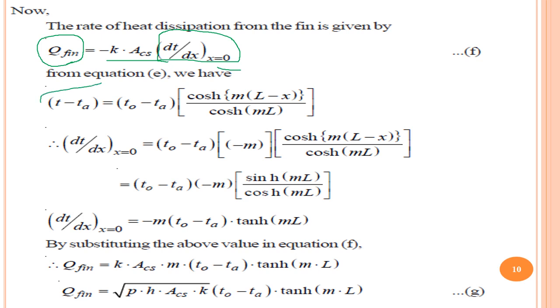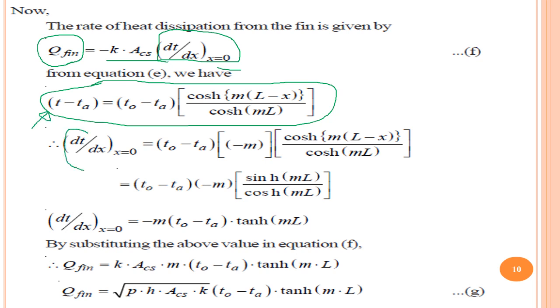Now we know this equation of temperature variation, T minus TA equals T0 minus TA into cos hyperbolic m into L minus x divided by cos hyperbolic m into L. So we have to find dT by dx at x equals 0.